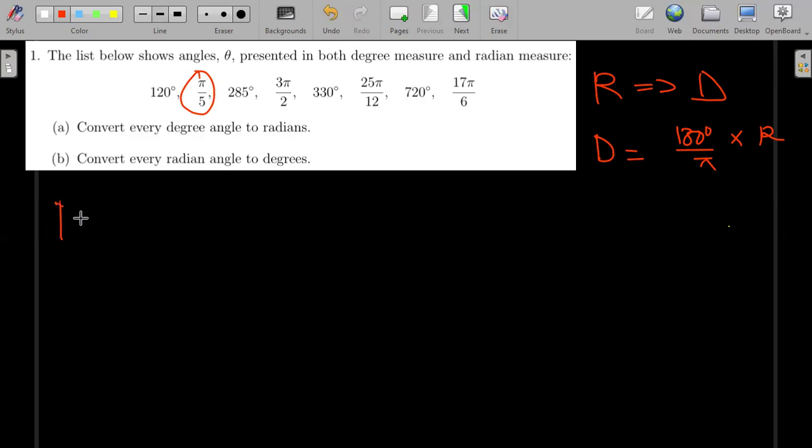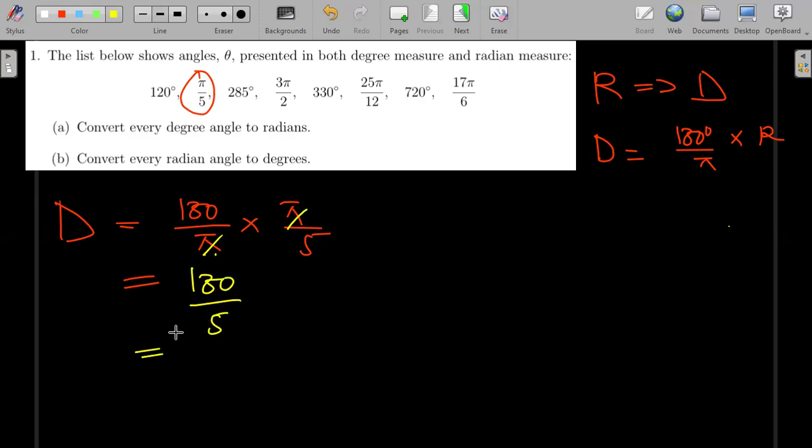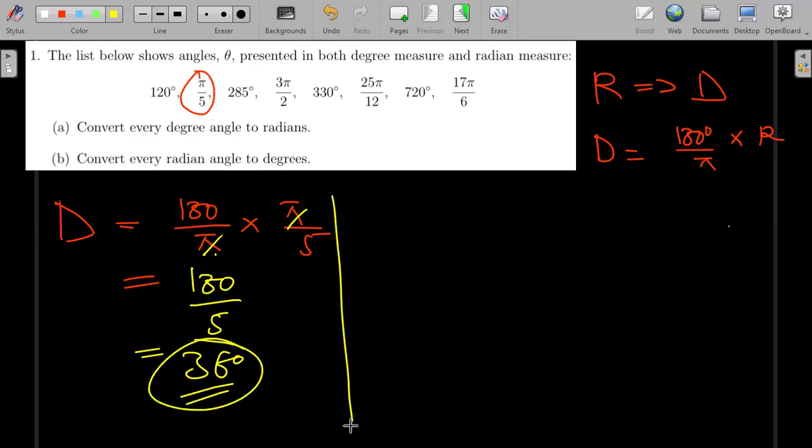So pi over 5 in degrees is 180 over pi multiplied by pi over 5. The pi and pi cancel, so it will be 180 divided by 5, which gives 36 degrees. So pi over 5 is the same as 36 degrees.